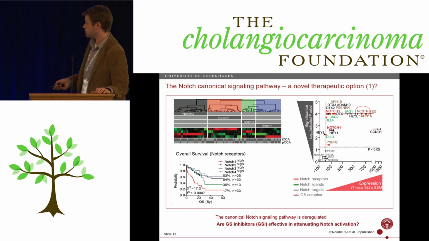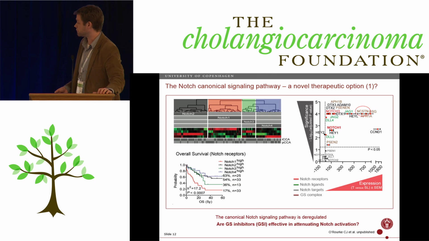That led to the question, and we have already heard that in Stuart Thorpe's talk just minutes ago, whether gamma secretase inhibitors would be effective in attenuating the NOTCH activation. And true, gamma secretase inhibitors have a lot of side effects to be considered. However, if one could first see the proof of concept, we could probably look for another inhibitor downstream.